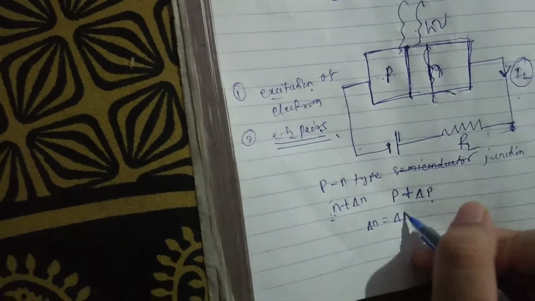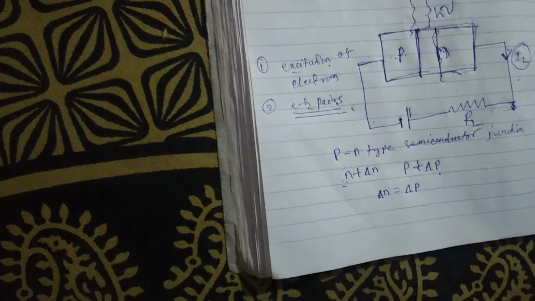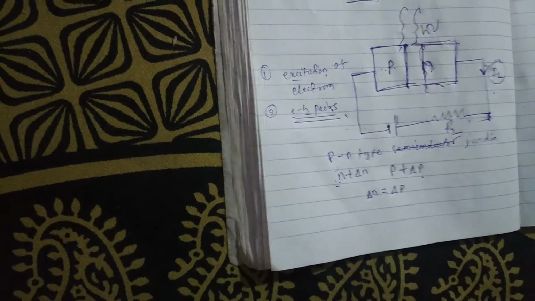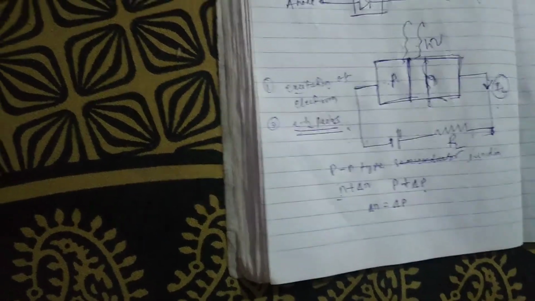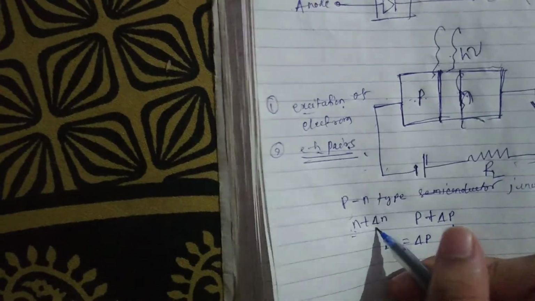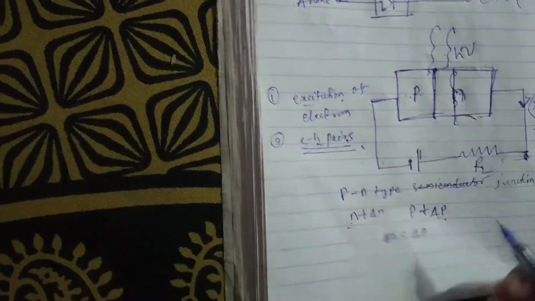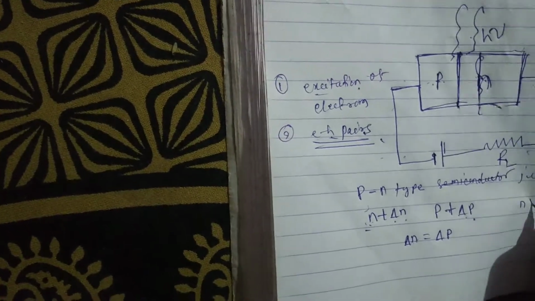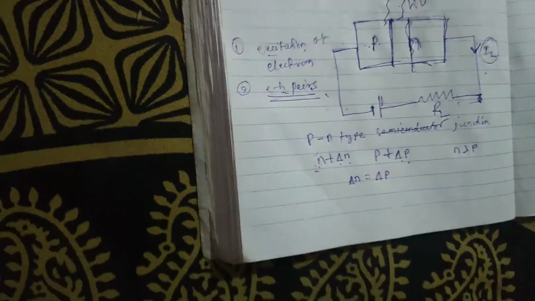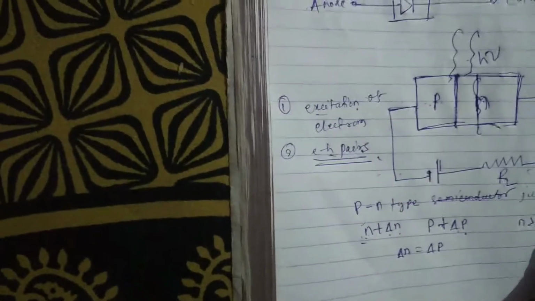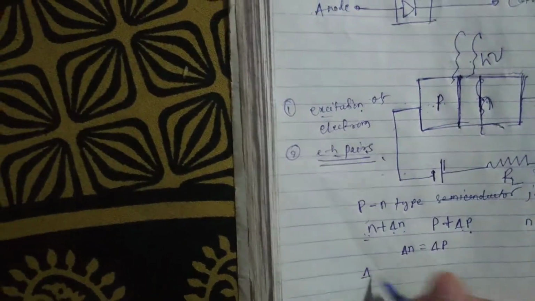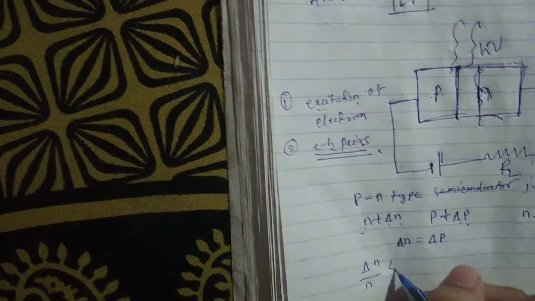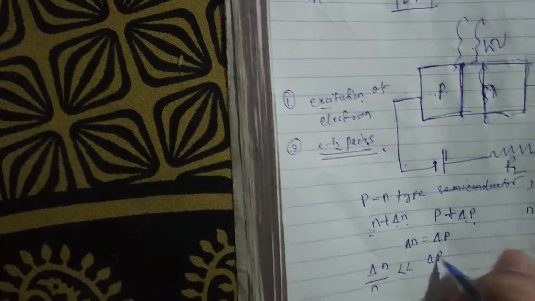So del n is equal to del p, meaning the fractional change is the same, but we know that n is greater than p. So by using this relation, del n by n will be lesser than del p by p.